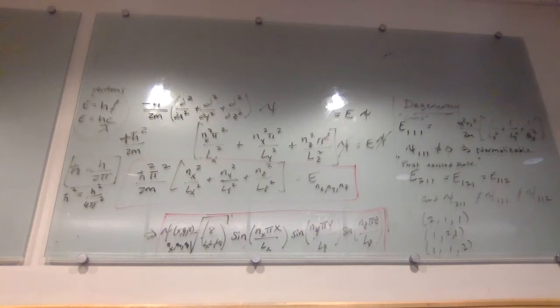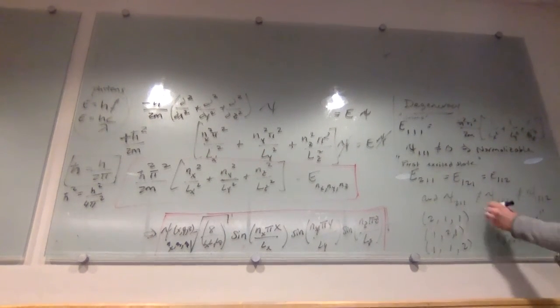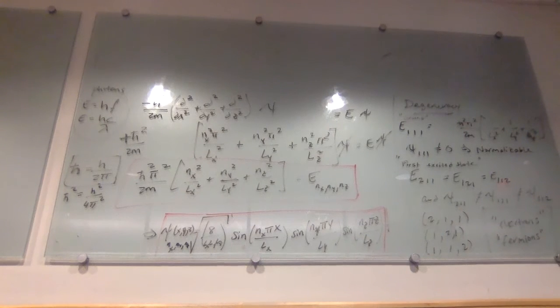Question 3, I don't remember exactly the numbers, but I believe question 3 says something about electrons. Maybe it doesn't say electrons. It says something about fermions. So this whole problem, I've been just dealing with wave functions. I never said what the particles were.